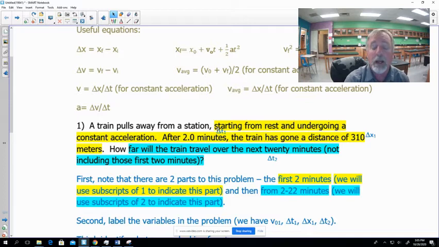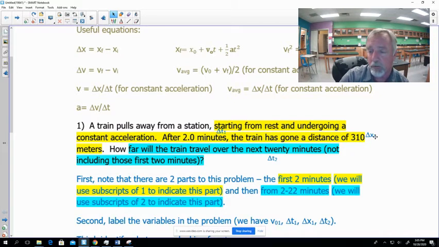The reason I'm saying that is because the equations we're going to use are going to be distinct. They're separate for both. So anytime I'm using something from this first part, I want to use the subscript of 1, as you see here. Like I labeled in the problem, after 2 minutes, above that there's a little delta t, and I put a 1 after that t to indicate that's the change in time in scenario 1, part 1.